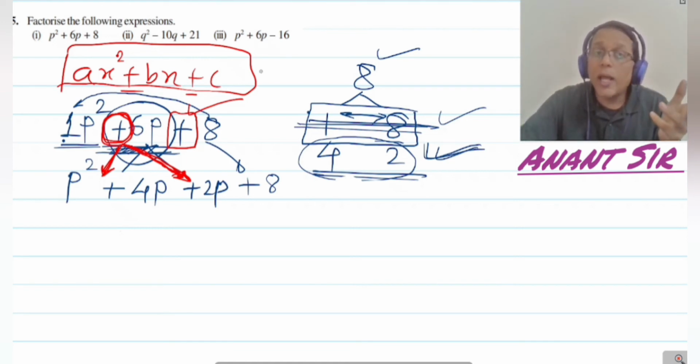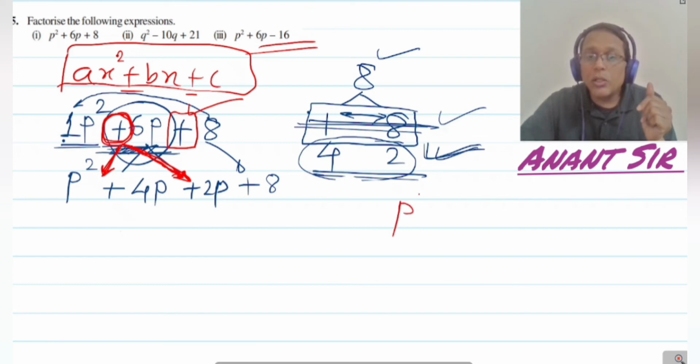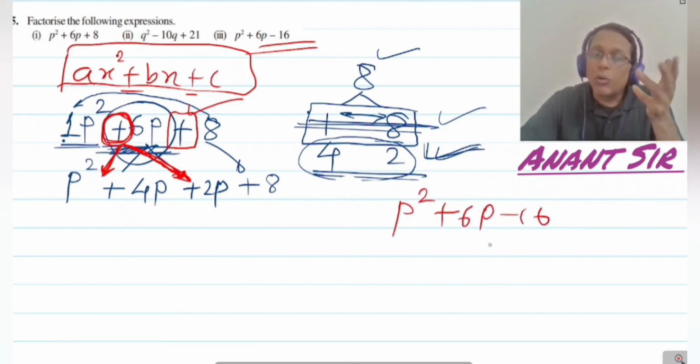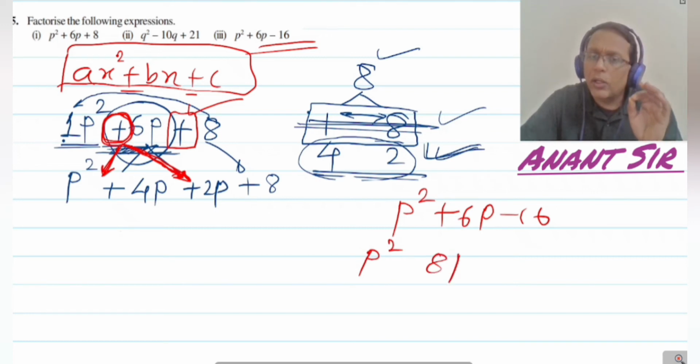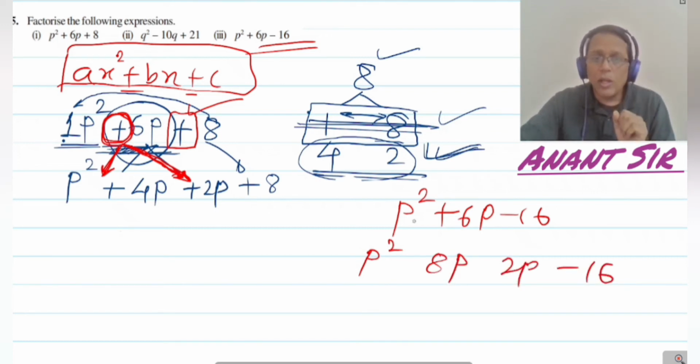And what if the last term is negative, like in the third question? What is the third question? The third question is p square plus 6p minus 60. What to do in that case? If the last term is negative, first term is as it is, last term is as it is.